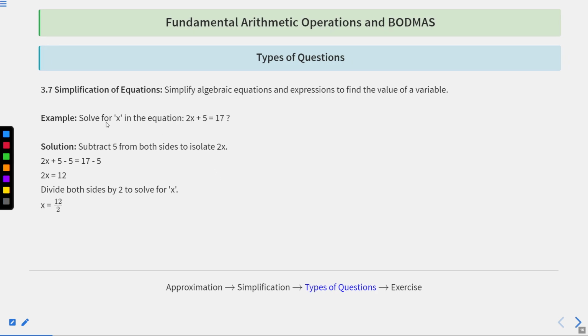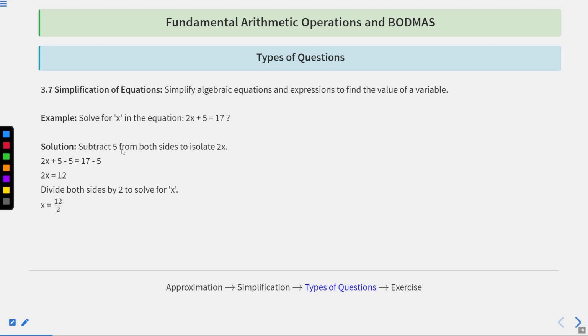Now, moving on to the seventh type of problem that are asked, it is simplification of equations. To simplify an algebraic equation and expression to find the value of a variable. For example, solve for x in the equation 2x plus 5 equal to 17.